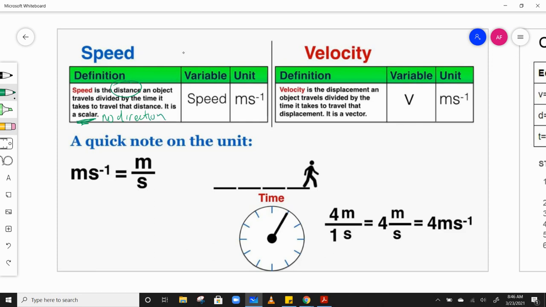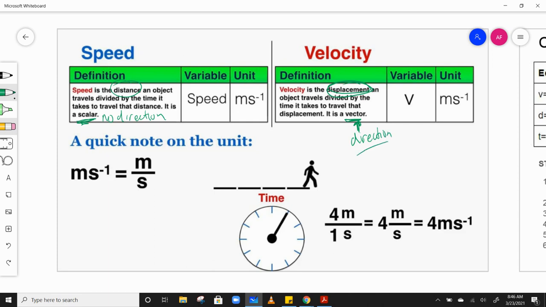All right, velocity is the displacement. Displacement and distance are a little bit different. I'll talk about what those are on Friday. Velocity is displacement divided by time, and it's a vector. Vector means it has a direction component to it.